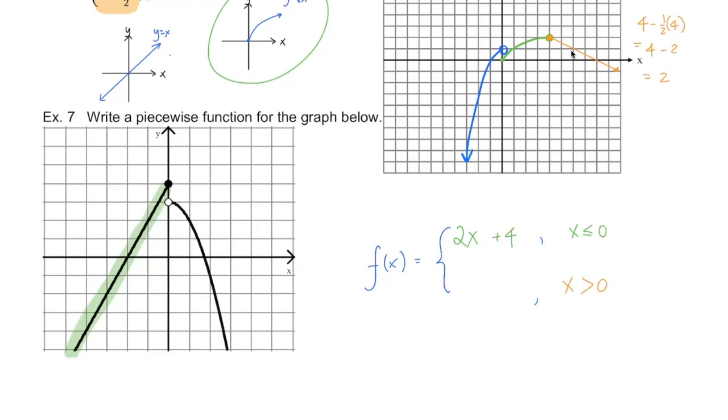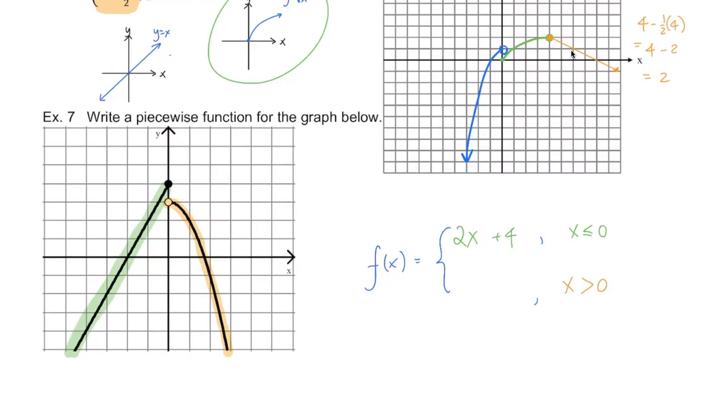And then what about the other piece? This one, well, that's a quadratic. And this one is a quadratic with a leading coefficient of 1, because it goes right 1, down 1, and then right 1 and down 3. That resembles an a value of 1.